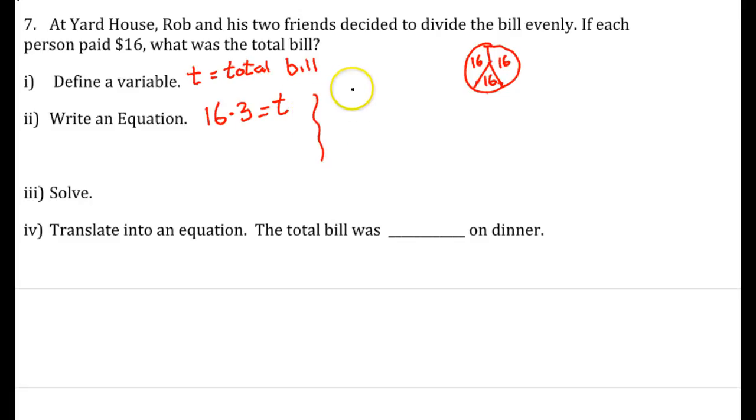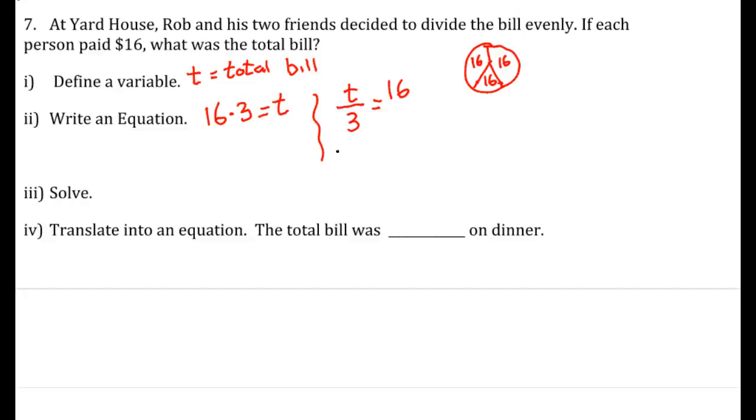Another way of saying it is that the total bill broken into 3 equal pieces would be $16 each. Notice how these mean the exact same thing. Just depends on how you look at it. But either way, we have an equation.